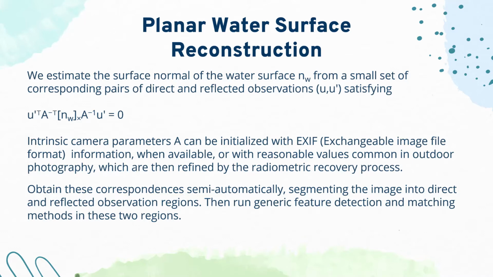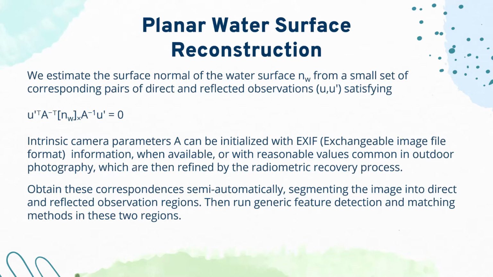This is a linear constraint on the normal NW, and we can estimate NW from two or more corresponding pairs. While intrinsic camera parameters A can be initialized with EXIF or exchangeable image file format information when available, or with reasonable values common in outdoor photography, which are then refined by the radiometric recovery process.